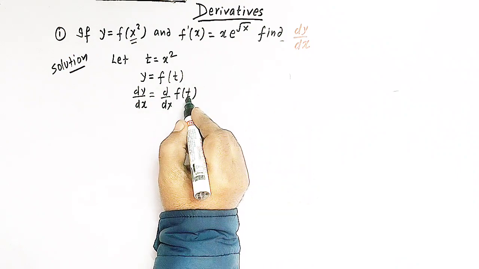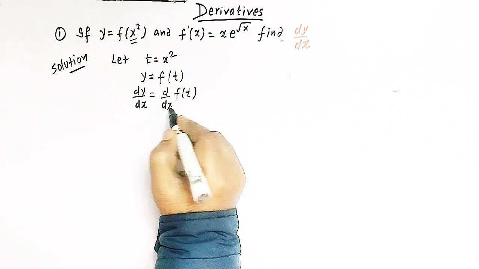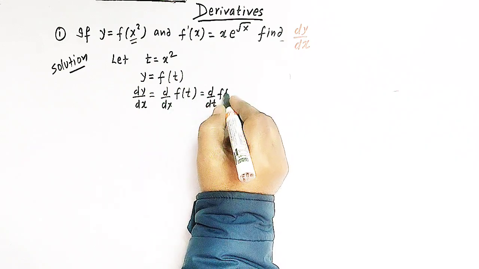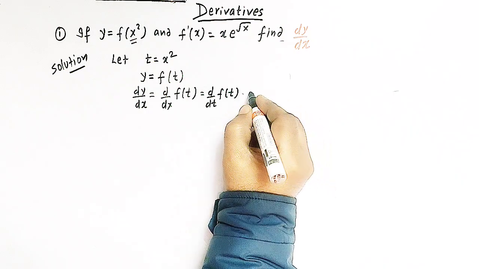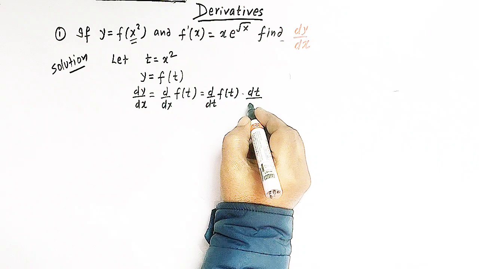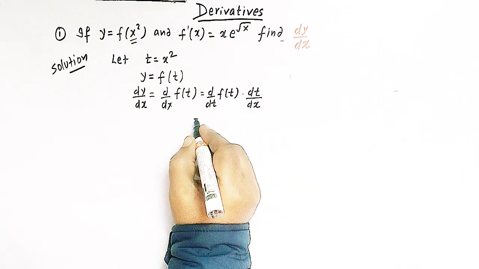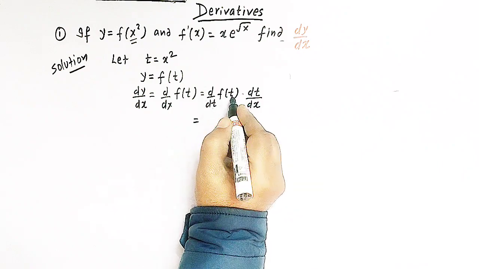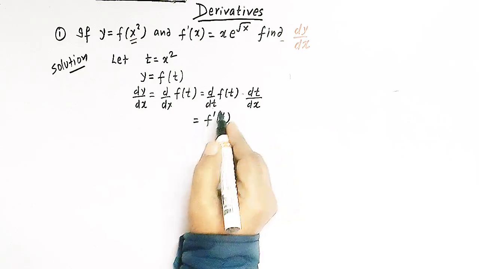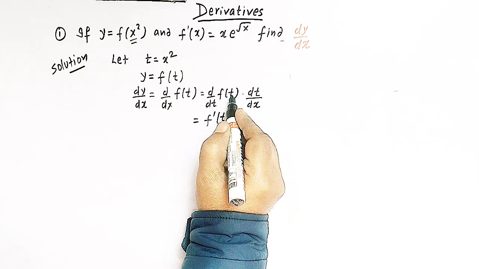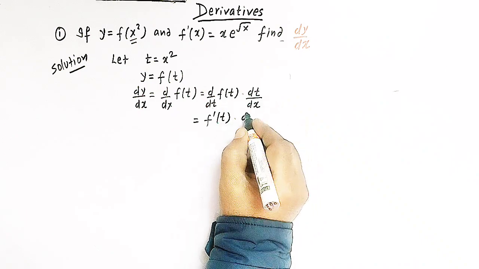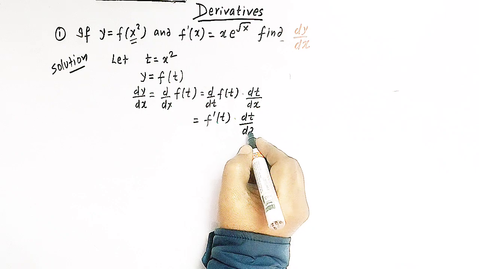So let us first differentiate f of t with respect to t. So we'll write d by dt of f of t, and then by chain rule we have to differentiate t with respect to x. Now d by dt of f of t can be written as f prime of t, the derivative of f of t with respect to t, and here we have dt over dx.